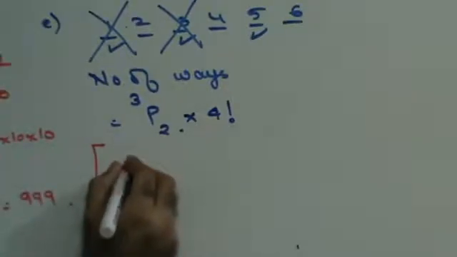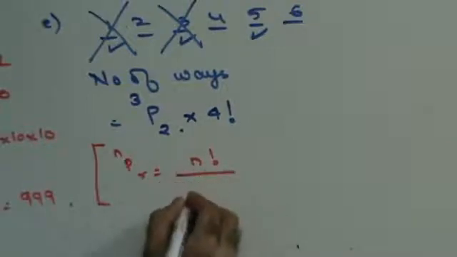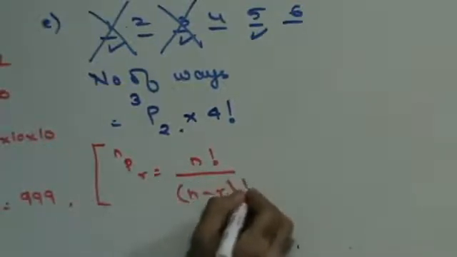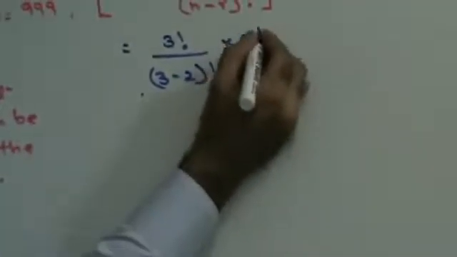Now how do I solve this? The formula to solve this is, guys, see this. P n of r is given by the formula n factorial upon n minus r factorial. So P 3 of 2, if I use this formula, will be 3 factorial upon 3 minus 2 factorial into 4 factorial.